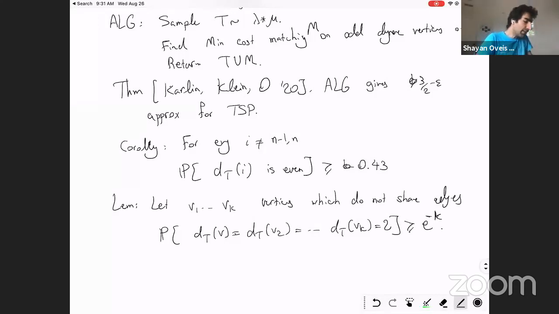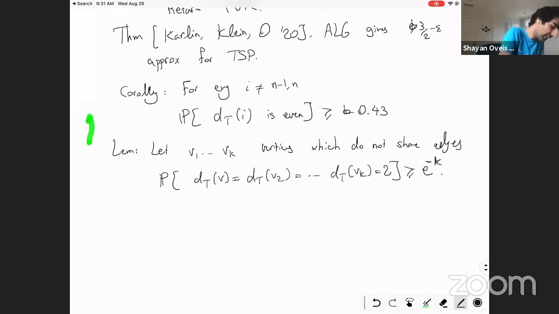Okay, so let me very briefly sketch the proof of this, and then we'll be done for this lecture. The proof is not so hard. You do the following. You define this polynomial p with k variables, y1 up to yk.